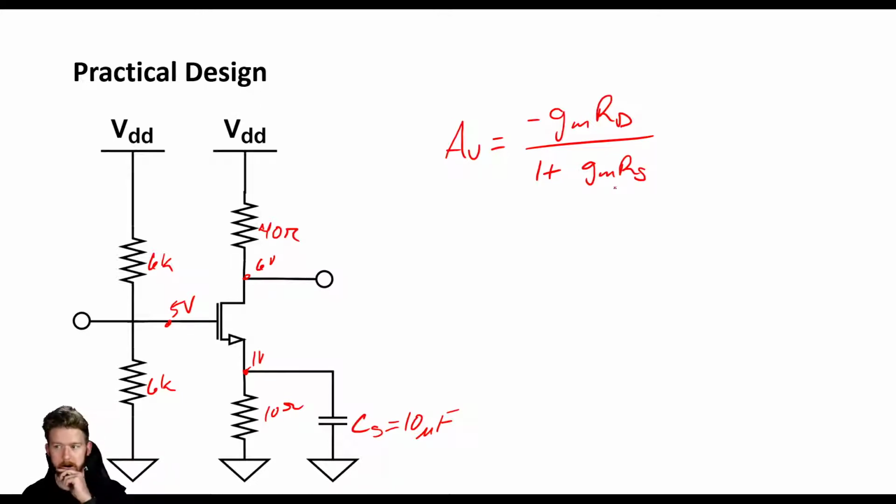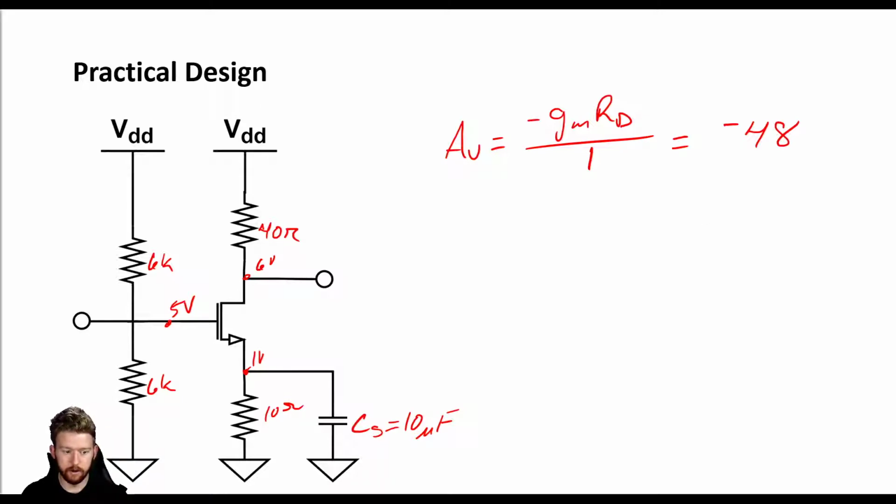Except now, RS looks like a short circuit, so it looks like it's almost 0. Instead, we're just going to have 1 on the bottom, and that is going to give us our full gain of minus 48. This is a whole lot better.